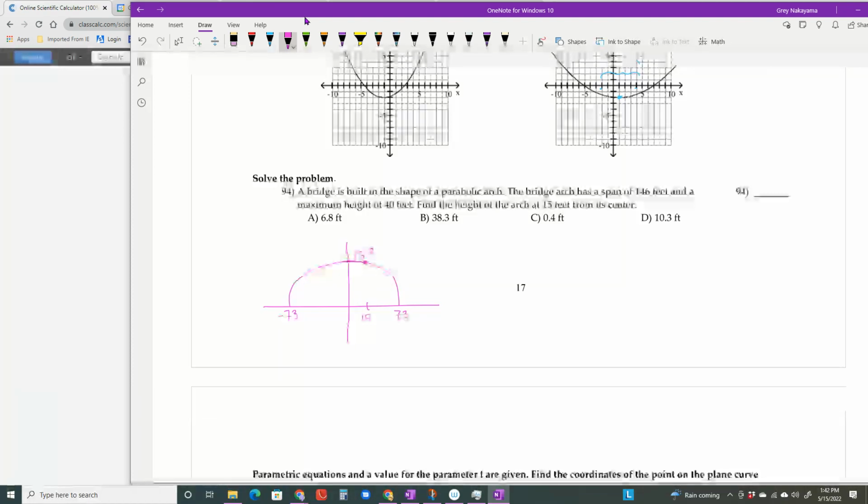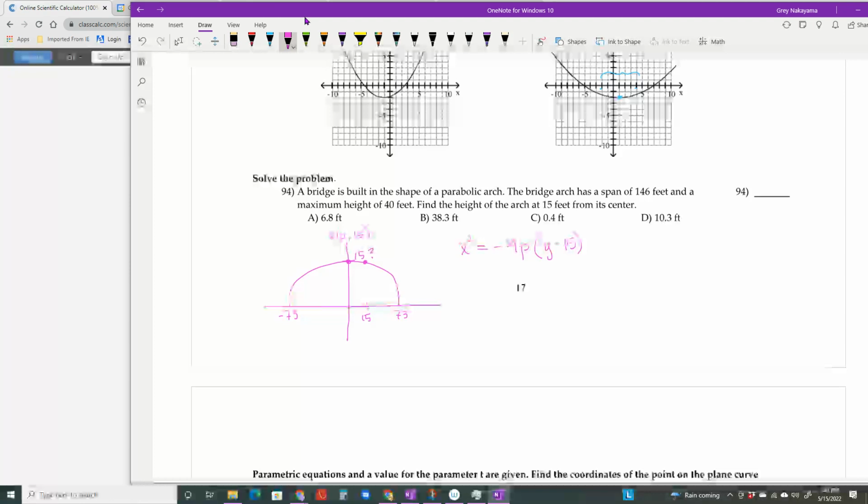Okay? So first off, I have to write that equation. If it's up and down or vertical, then I know my x squared. My vertex here, y'all, is right here. It's going down. So the vertex of this parabola is 0, 15. So that's x minus 0 squared equals, it's going down, -4p times y minus 15.